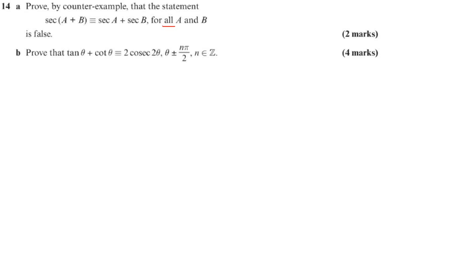Now I'd recommend that you pick values that you can state directly and exactly the values for sec a, sec b and sec a plus b. If you're relying on decimal approximations, that's not going to constitute a very thorough proof. But also you need to be careful to avoid values that give asymptotes for sec.